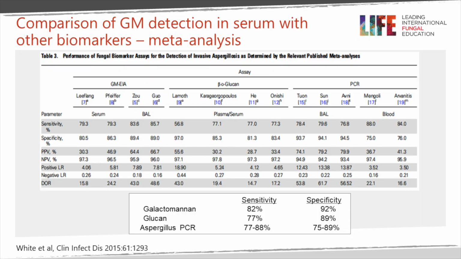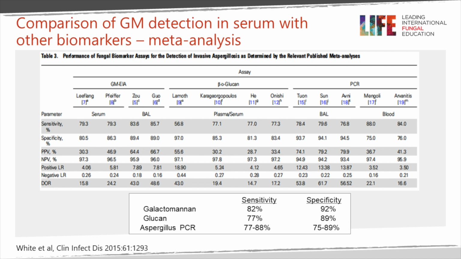Of course, we can compare this particular test with other biomarkers, and there will be further presentations on glucan detection. This again is a pan-fungal test, and also molecular tests like PCR.